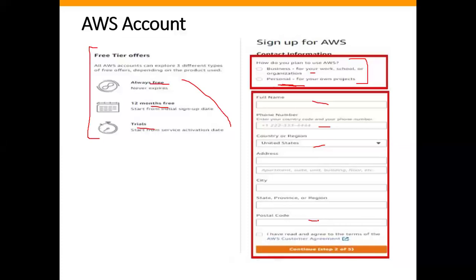Postal code means PIN code. And then you can check this checkbox, or if you are interested to read their terms and conditions, you can click there and read that also. Then click on continue. Once we click on continue, we complete step 2.